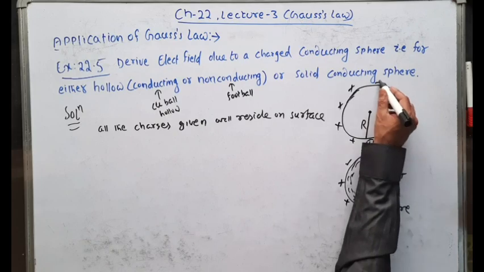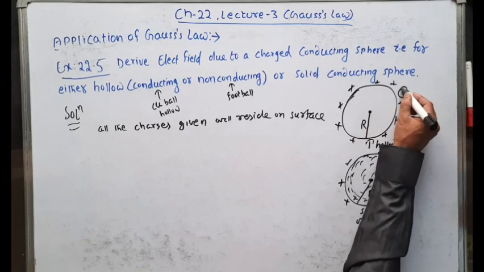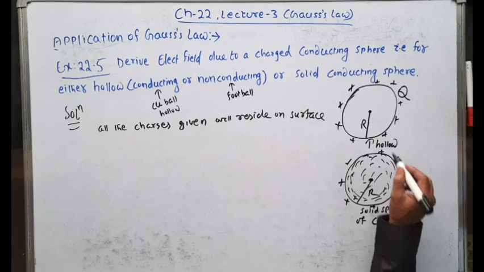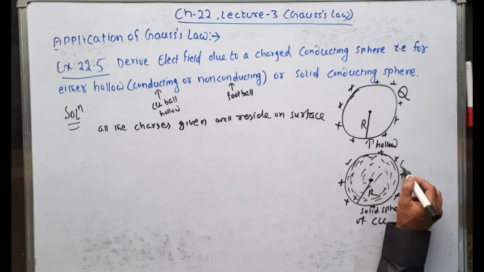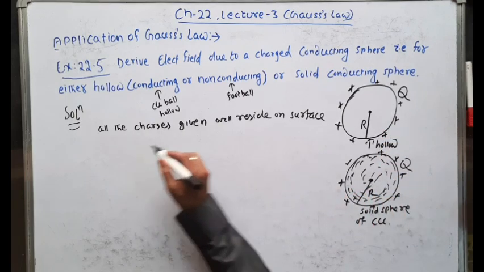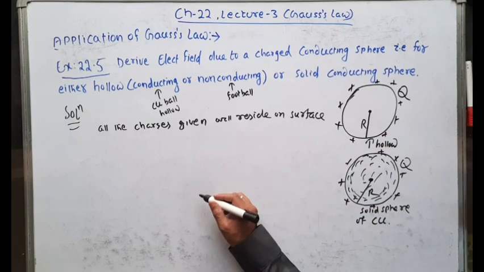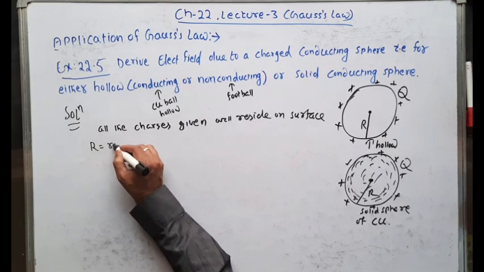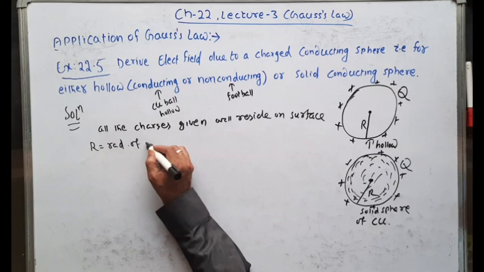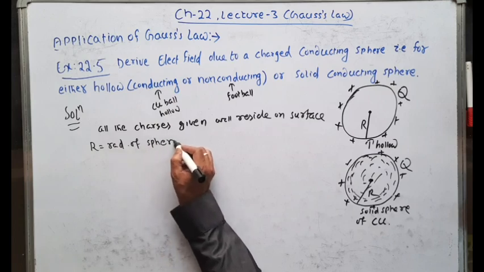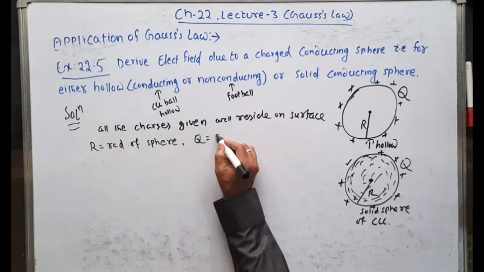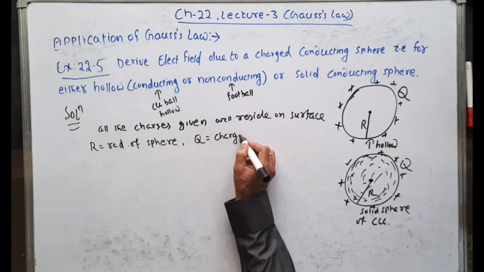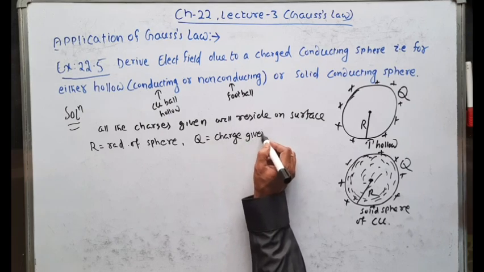Now let us say the total charge given is equal to Q. R is the radius of the sphere, and Q is the total charge given.